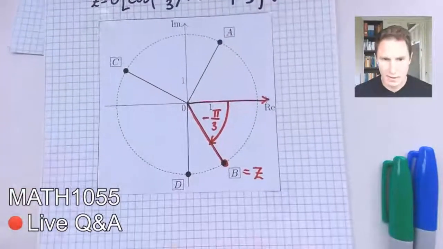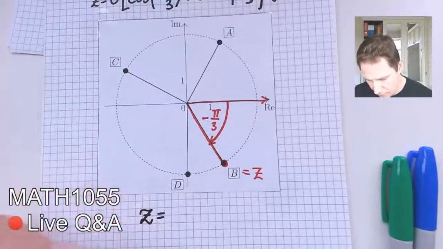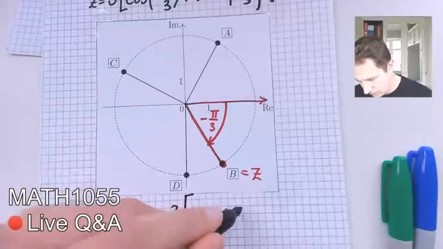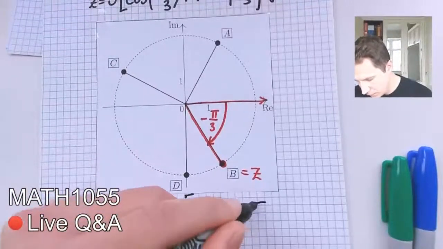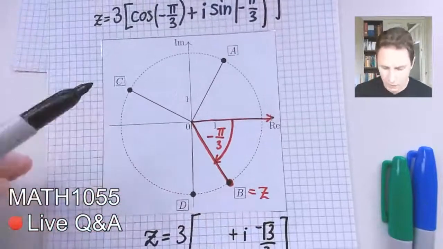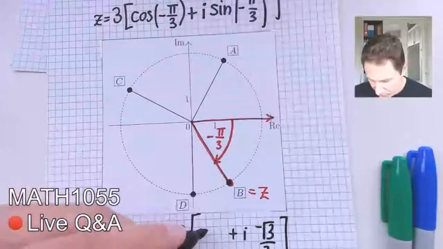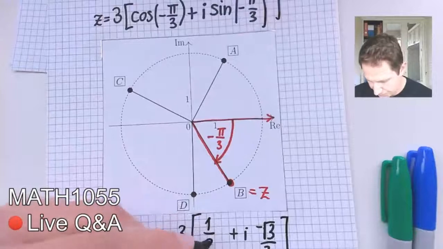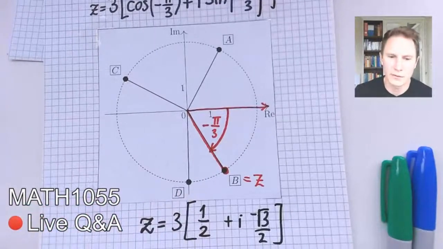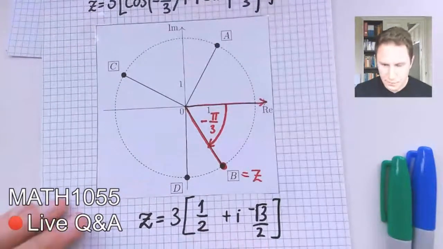Let me actually turn that into an algebraic form. So we'll have 3 times minus root 3 over 2 times I, and for the real part we have the cosine of minus 60 degrees. That's actually 1/2. Okay, so you might remember these special values of the trigonometric functions, and this is basically our complex number.